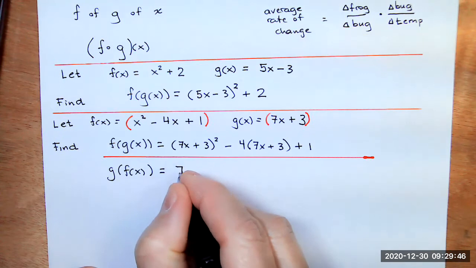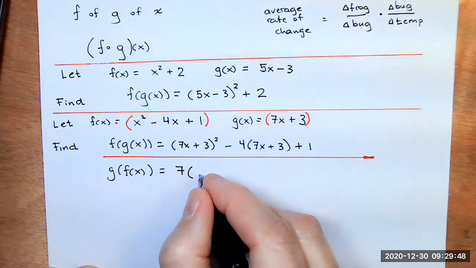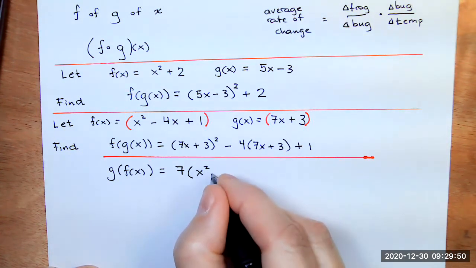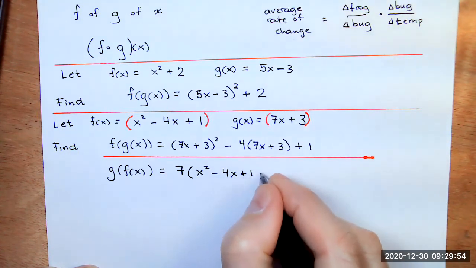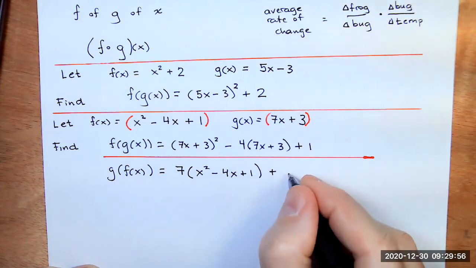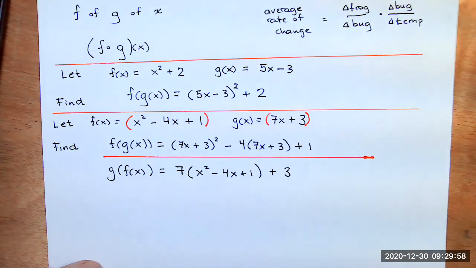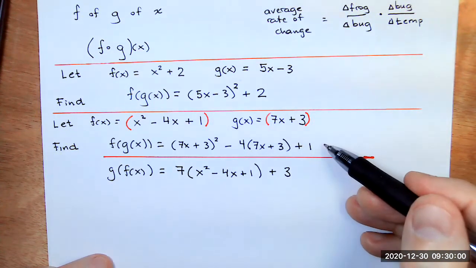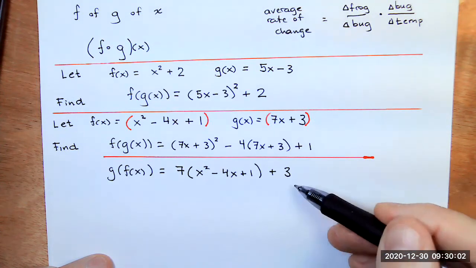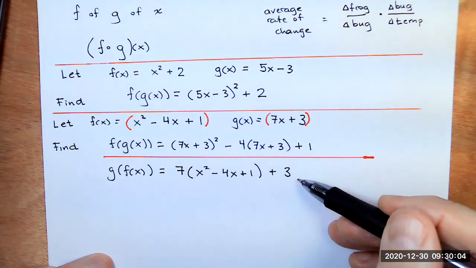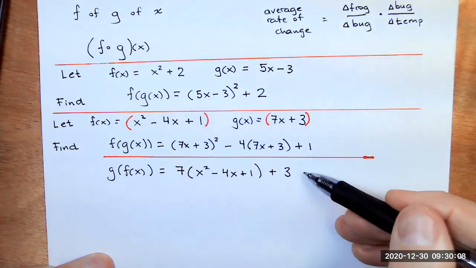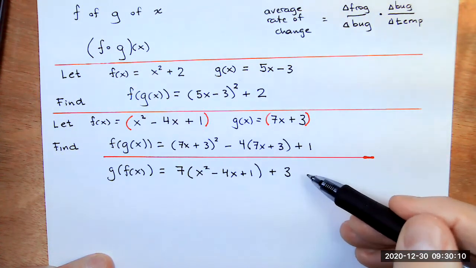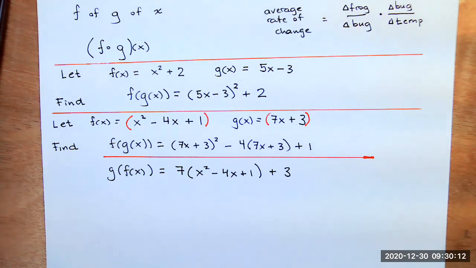So it's going to be 7 times x squared minus 4x plus 1 plus 3. So it's easy to see that f of g of x is not the same as g of f of x. And that's generally true, except for certain cases that we'll talk about in the next section.